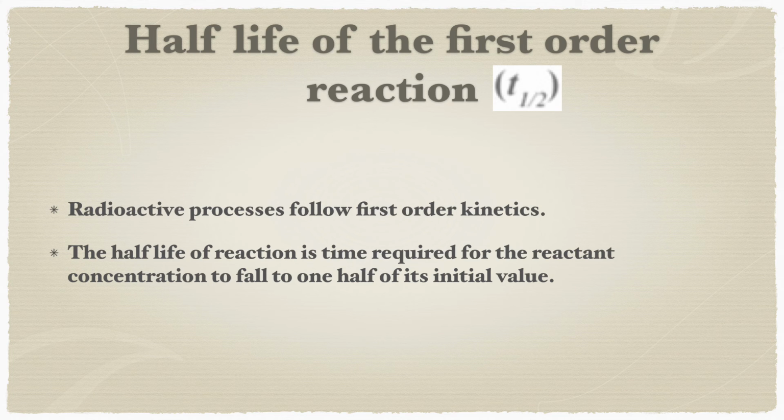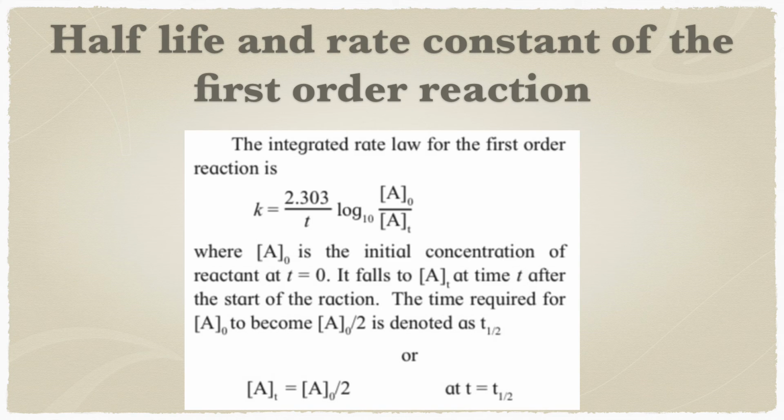It is very simple. Now we'll start with the derivation for the half-life of the first order reaction, and also the relation between half-life and rate constant. To begin with the derivation, we start with the integrated rate law for the first order reaction, which is given by k is equal to 2.303 upon t log to the base 10 molar concentration of A naught upon molar concentration of At.